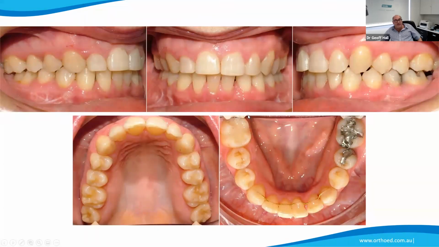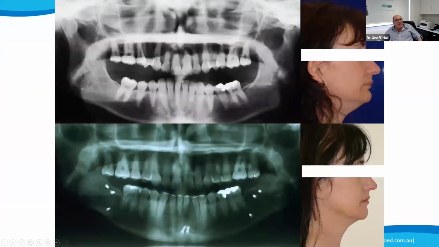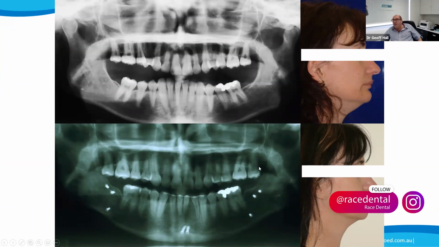And so you have a look at, that's a beautiful result. Look at the difference from before to after. This was life-changing for her. Two divorces later, she's very happy. So look at the difference in a profile and her occlusion. And I would argue her perio is far better today than what it was before because we've set up her occlusal scheme far better.